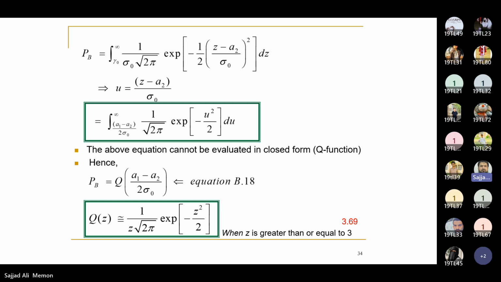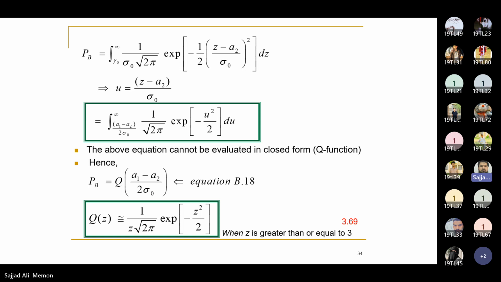So what we did here, we replaced Z minus A2 by psi naught times U, and the whole equation can now be written like this, where gamma naught will be modified to A1 minus A2 by 2 psi naught, with 1 over root 2 pi exponential of minus U square by 2 dU. The above equation cannot be evaluated in closed form, so we use the Q function.